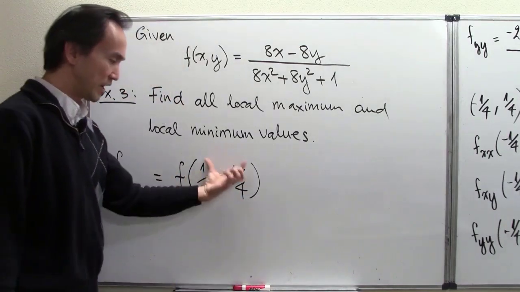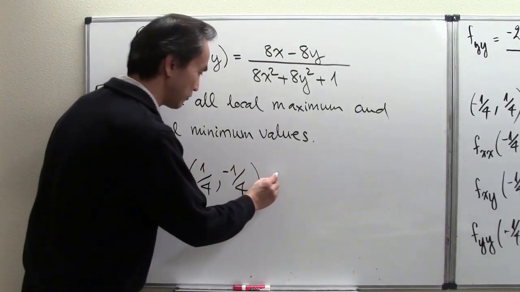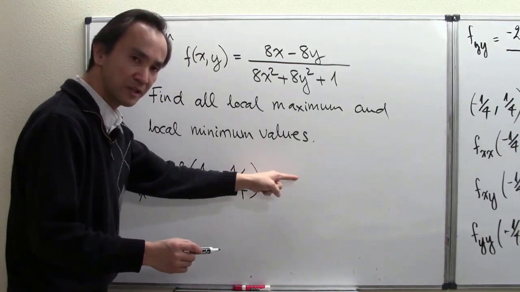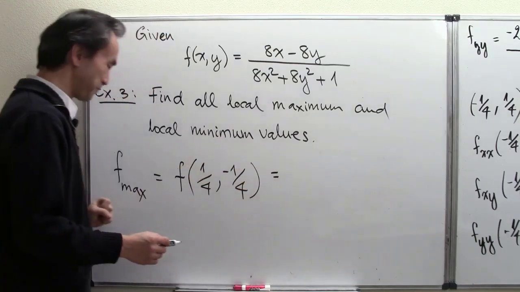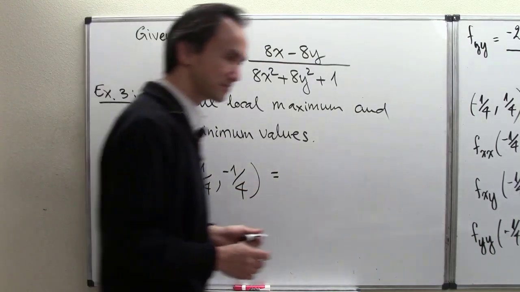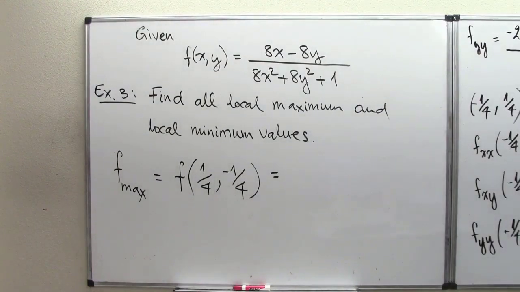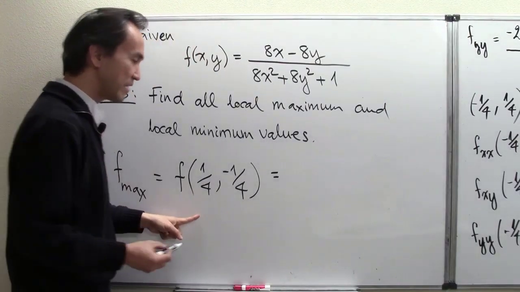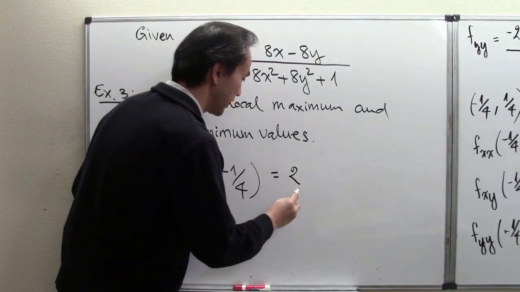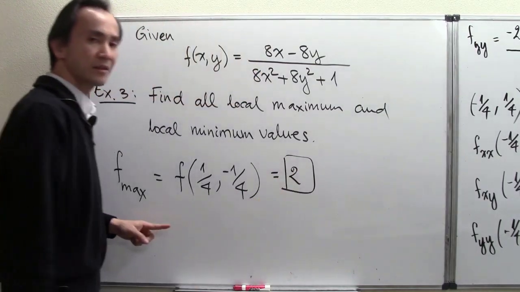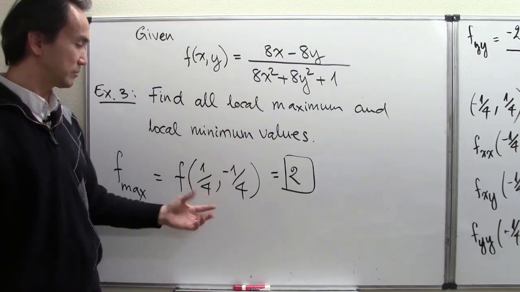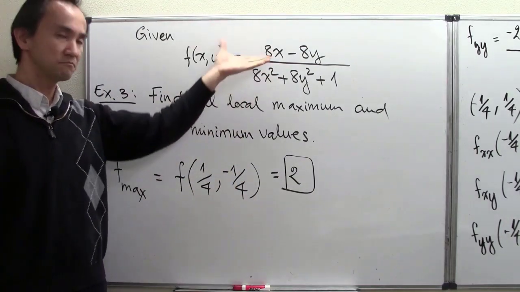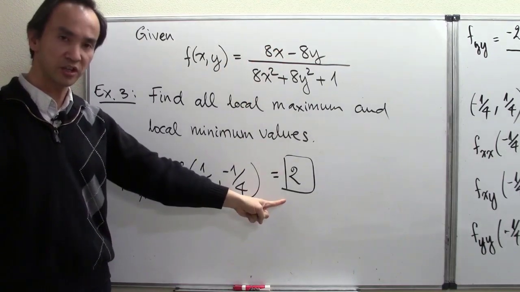So we substitute this into the beginning function, and whichever value comes out will be the local maximum value. My calculation came out being positive 2, and you can do the same on your own independently by substituting this pair of values into our beginning function, and you should come out with positive 2.